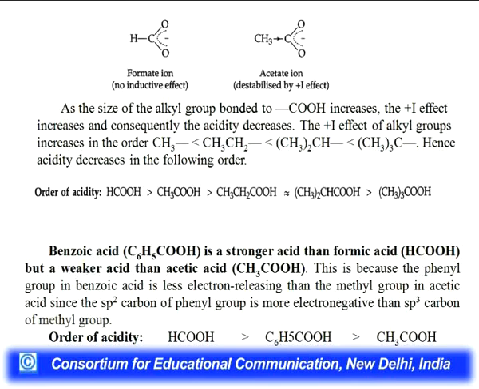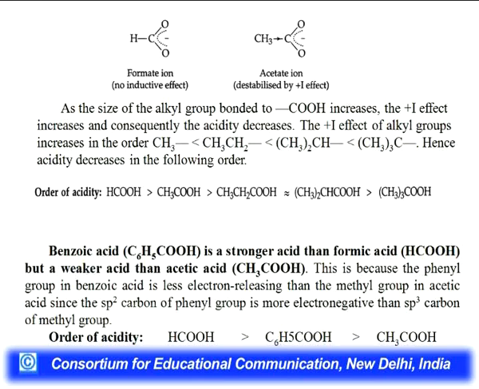As the size of the alkyl group bonded to carboxylic group increases, the plus I effect also increases and the acidity decreases. You can see the order of the plus I effect of alkyl groups. Hence, acidity decreases in the following order: formic acid, acetic acid, and then propanoic acid, butyric acid and others. Benzoic acid is a stronger acid than acetic acid, but a weaker acid than formic acid.